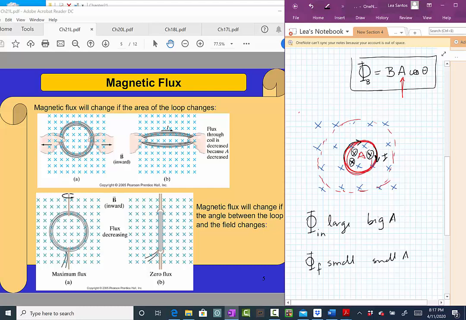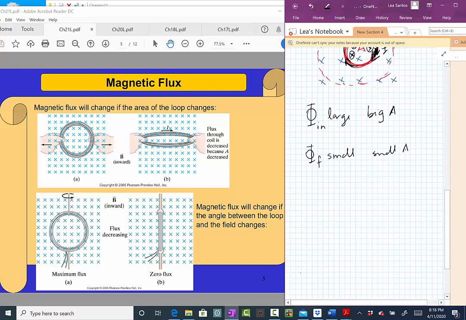Smaller loop means the lines of magnetic field that were going through this area became fewer. So we are going to induce a current to bring those lines back, and that means the current will have to be in this direction. So how do you understand that? You have to understand how the magnetic field is created with respect to the area of this loop.